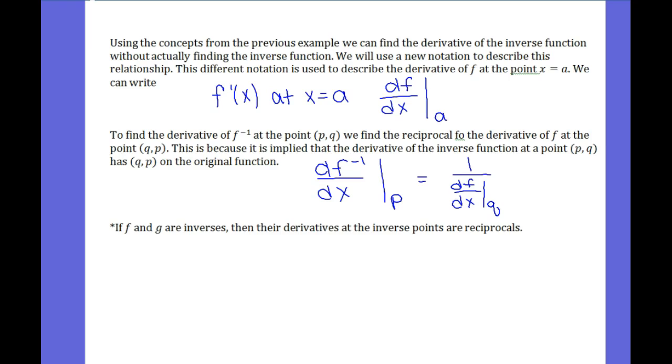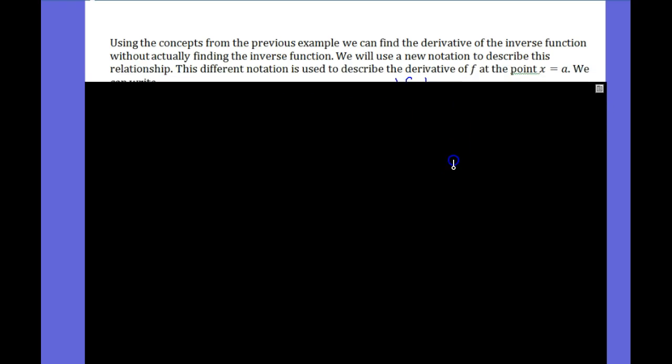Using the concepts from the previous example, we can find the derivative of the inverse function without actually finding the inverse function. We use a new notation to describe this relationship. This different notation is used to describe the derivative of f at a point x equals a.